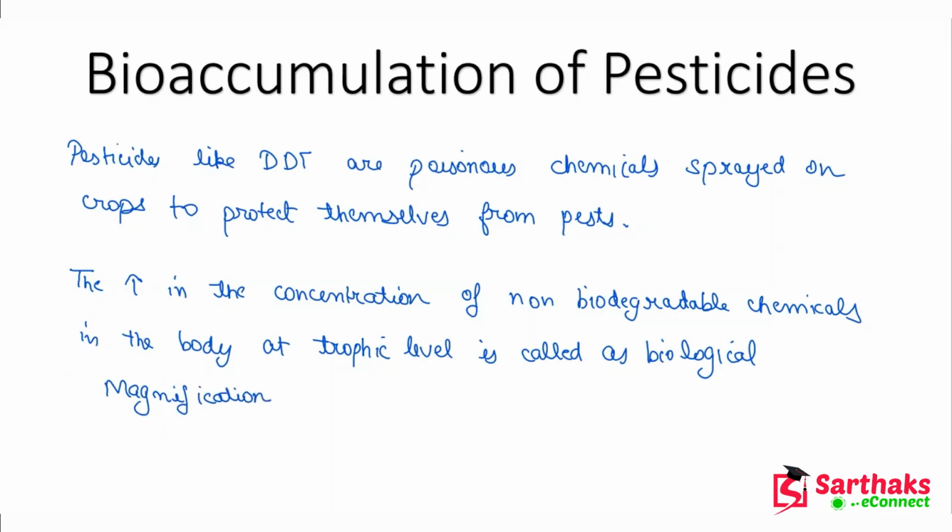Now the next topic that we are going to study is eutrophication. What is eutrophication? Eutrophication is the excessive growth of phytoplankton, which brings about a reduction in dissolved oxygen.